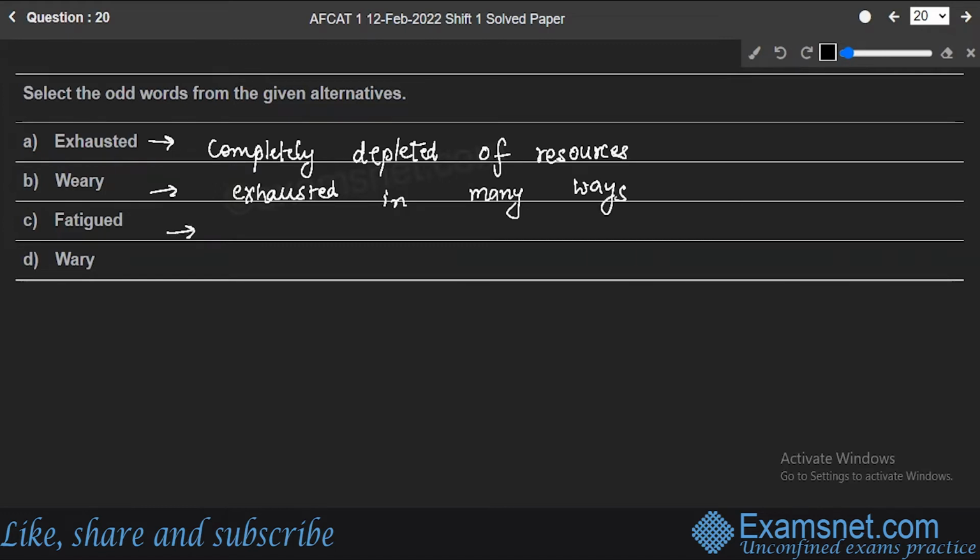Then fatigued means when you're drained of your energy.